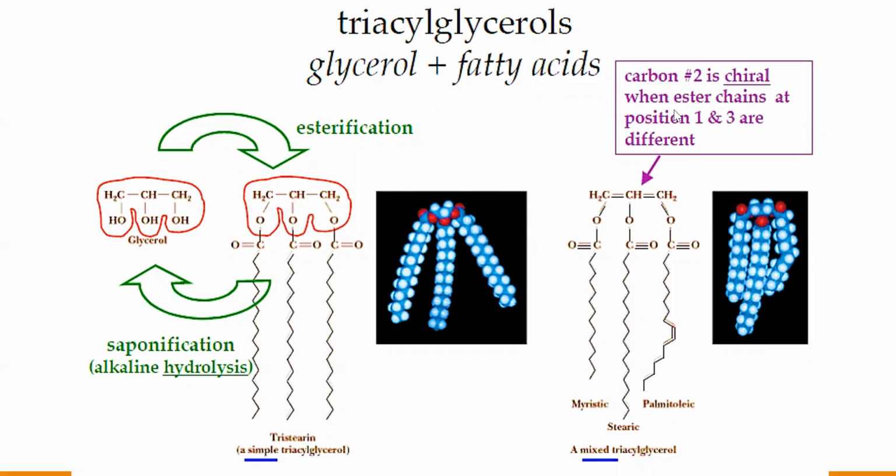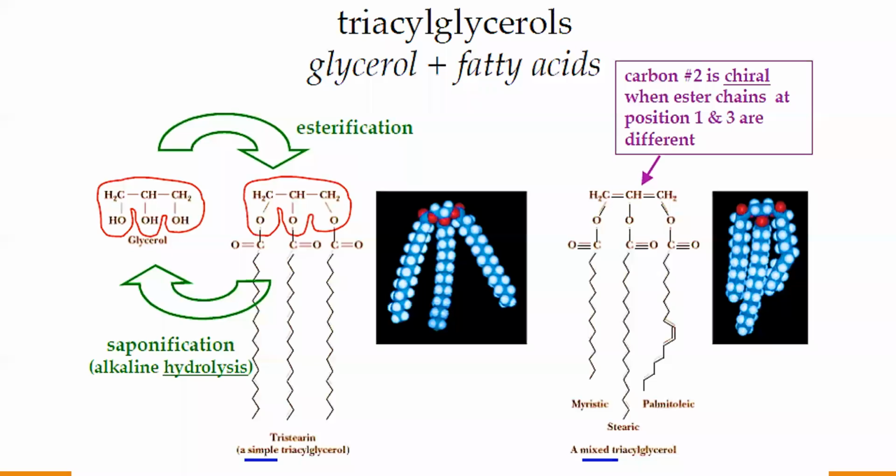So carbon number 2 is chiral when the ester chains at positions 1 and 3 are different. So for example, here you have the different one, this becomes chiral. You learned that in your organic chemistry: when a carbon atom is bonded to 4 different groups, then your carbon becomes chiral, and there's a certain stereochemistry for that.